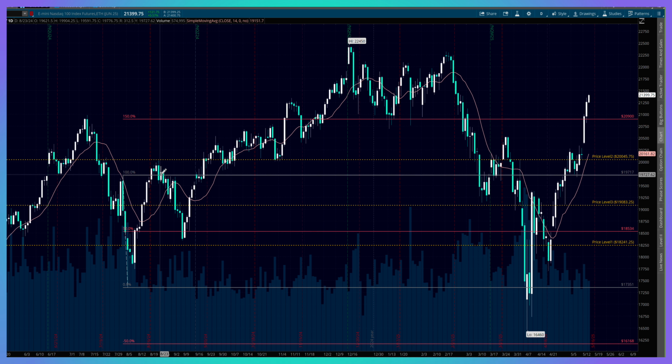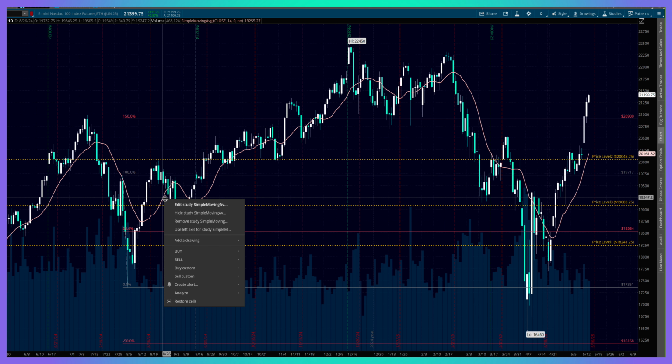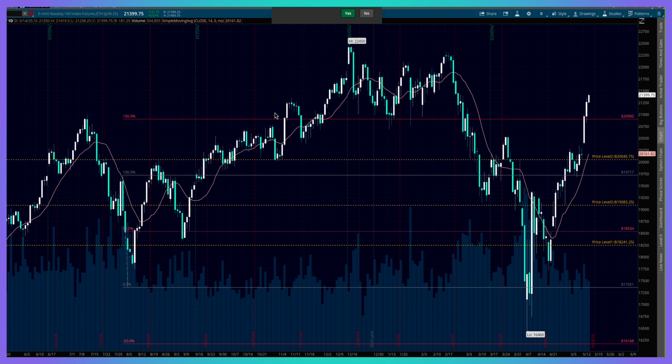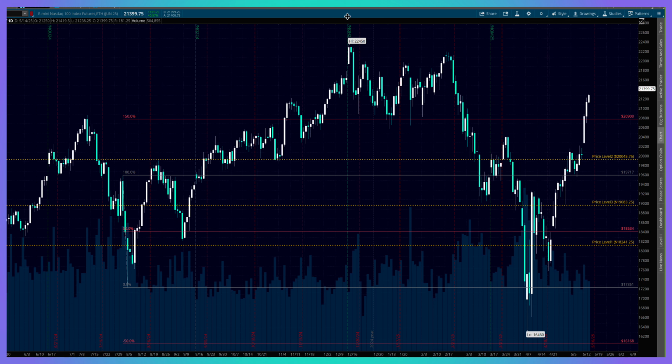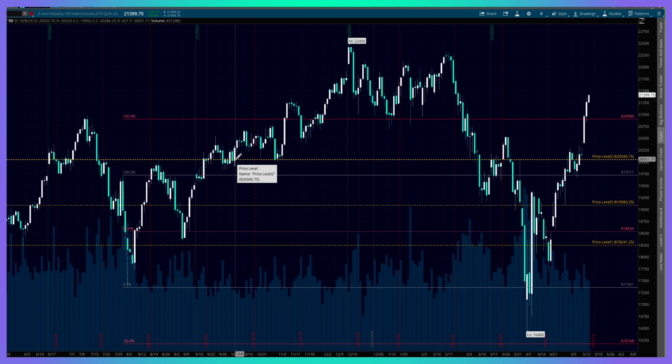If you keep drawing structures and it doesn't come back to your 50%, it's likely that you're missing a structure here or there. Okay, so here it is. It breaks structure. You might go, ooh, here's my long. Now remember, if it falls back into here, your stop should be very tight.